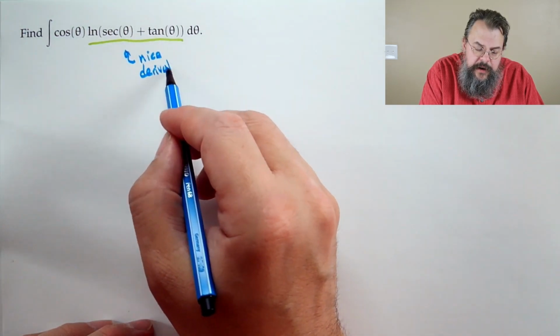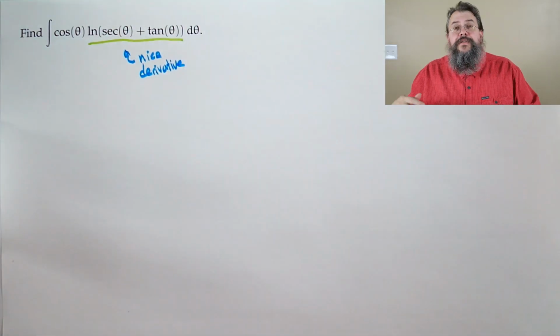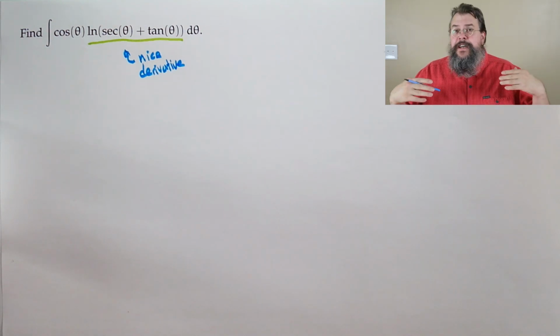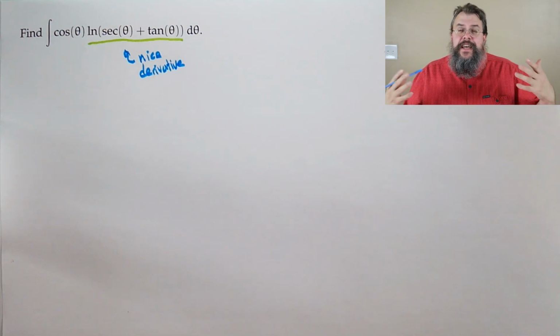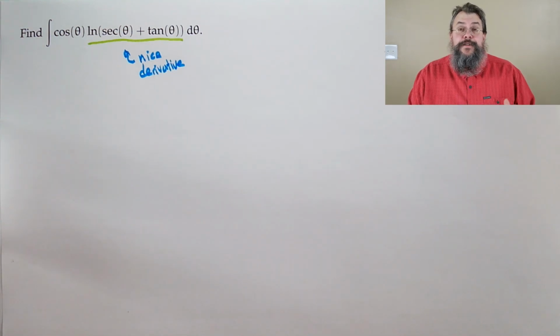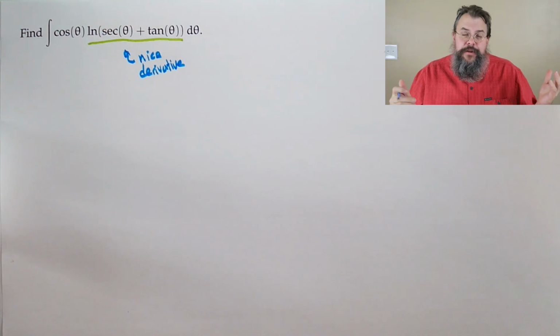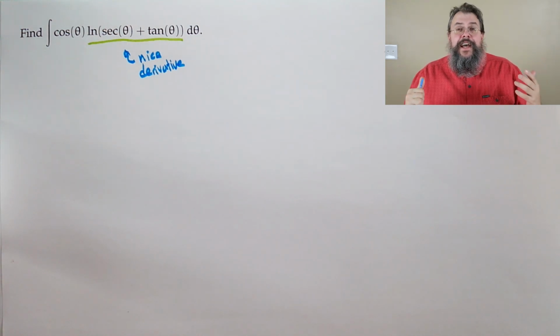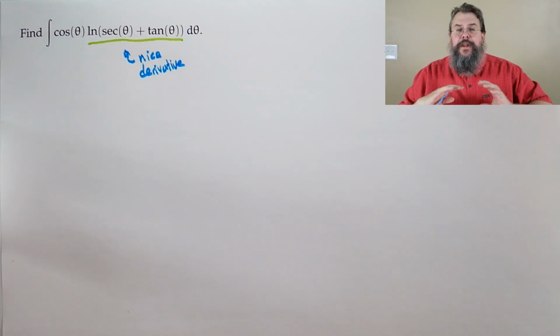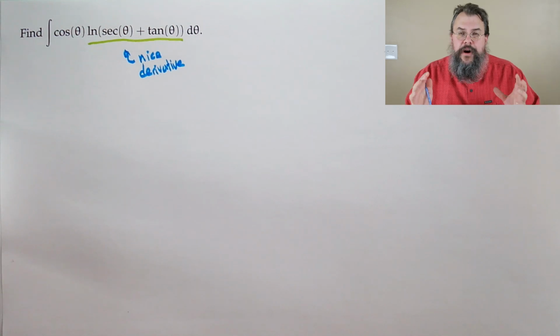Of course, it'd be a terrible thing to try to integrate, but it's a really nice thing to differentiate. It's going to simplify. We'll talk about what it is in a second. On the other hand, cosine, whether you integrate or differentiate, it's going to be sine up to some plus or minus factor. So since we really don't care what we do with the cosine, and this other piece has a really nice derivative, that's telling us, let's try parts.